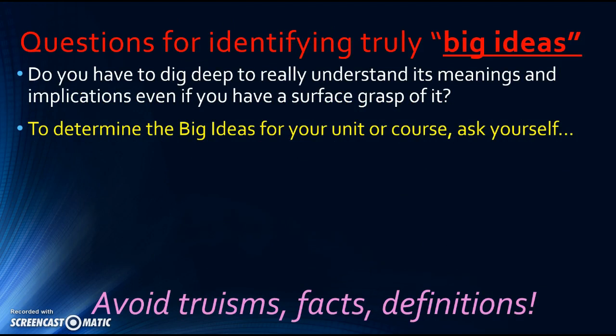So a couple of questions to help you identify what the truly big ideas are. So first, do you have to dig deep to really understand its meaning and the implications, even if you just have a surface grasp of it? So you want them to be able to dig deep. The question that I posed earlier about Lincoln, destroyer or defender of the Constitution, that's not something where you're just looking at the surface.